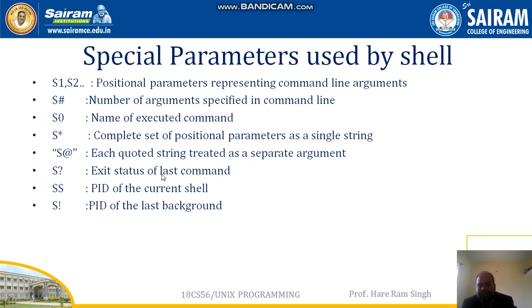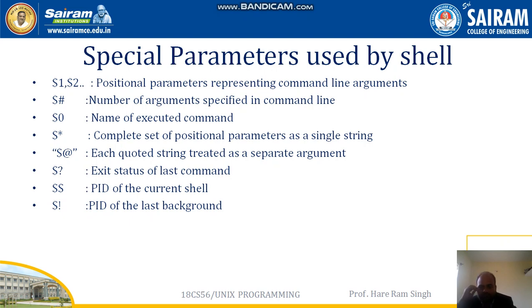$? is the exit status of the last command. $$ is the PID of the current shell. $! is the PID of the last background job. For $?, we have a set of commands.